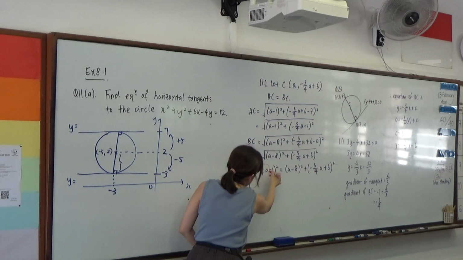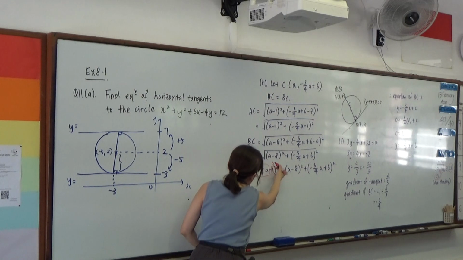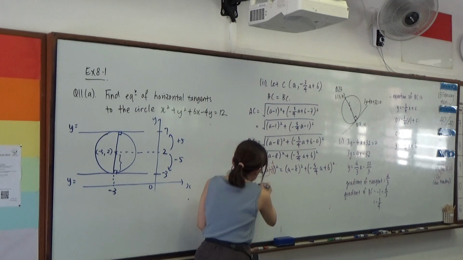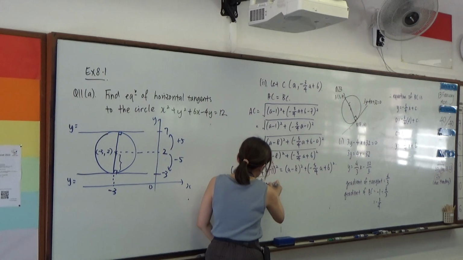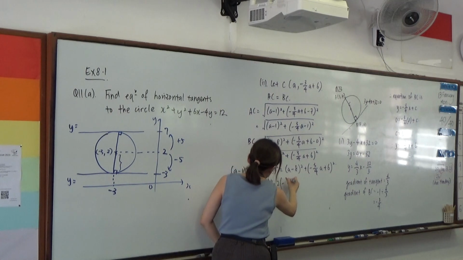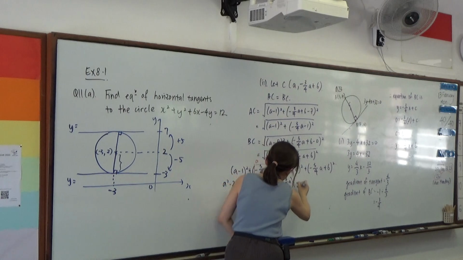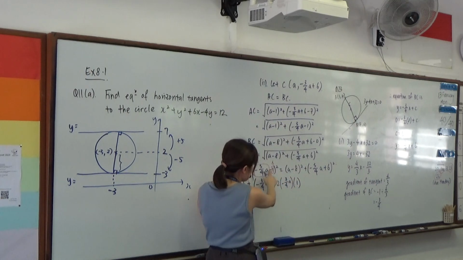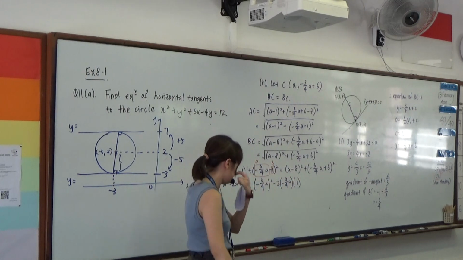This is the A minus this is the B, then bracket square. So that means A square minus 2AB. B is just 1, the minus is taken into account in the formula already.